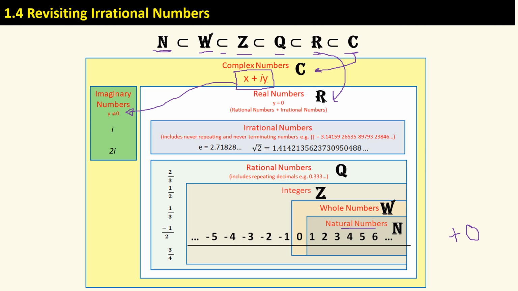When this term y is equal to 0, that is, this term iota multiplied by y will be 0, we shall be left with the part which is called the real numbers. Real numbers comprise two types of numbers, irrational numbers and also the rational numbers. So this is in a nutshell how the different number types look like.